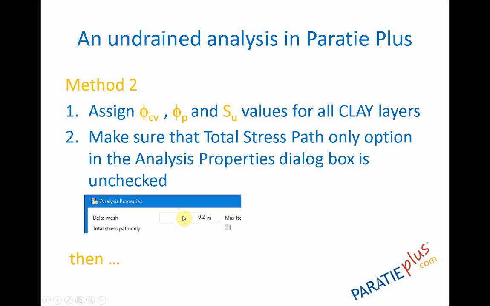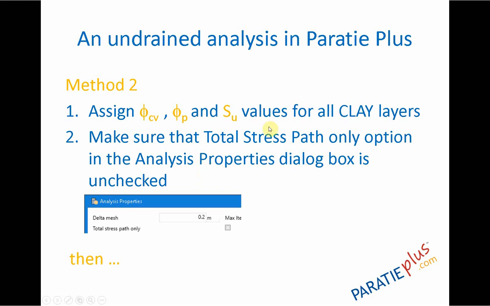Method 2 will be discussed in more detail in a forthcoming video, but it's also possible in Paratie Plus because there is a special constitutive law in which we can give the resistance of clay soils in terms of constant volume friction angle and a peak friction angle, as well as an apparent limit for undrained shear strength for all the clay.